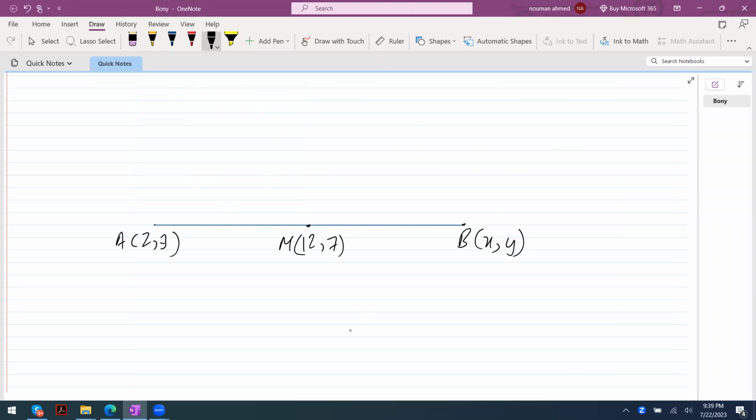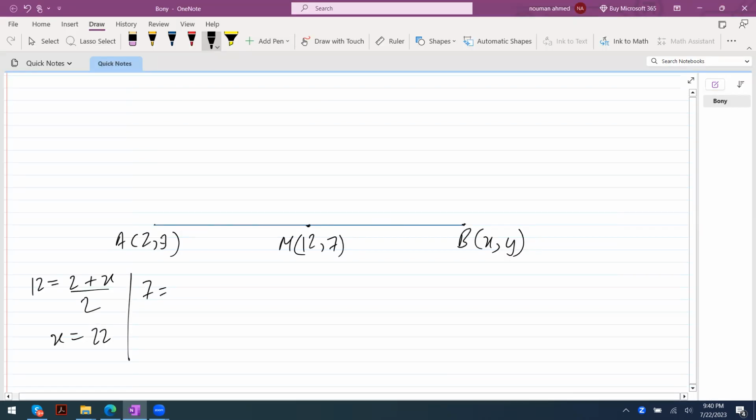Okay. Anyone have an idea? Would you like to share with me? The procedure will not be that different. It's just that this time the answer is given. So 12 is equal to 2 plus x divided by 2, right? The midpoint x coordinate is given by the average, 2 plus x divided by 2. So x will be 12 2s are 24 minus 2, 22. Similarly, the y coordinate is 7.